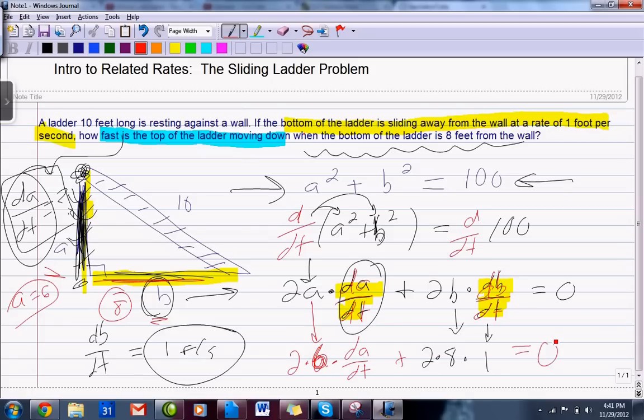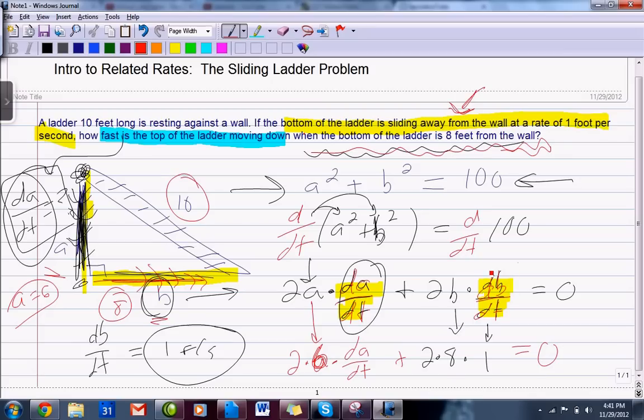So what I've done is I evaluated numbers, lengths, at this particular moment when the base of the ladder is 8 feet from the wall. In other words, when b is 8, which would require, because the hypotenuse is 10, by the Pythagorean theorem, that would make a 6. Also this piece tells me that dB/dt, the rate at which the ladder is sliding outwards, is 1 foot per second.